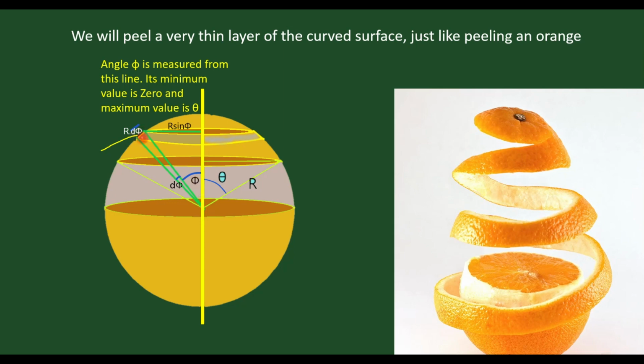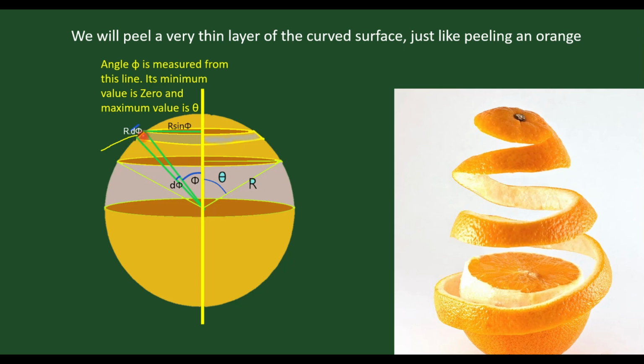So this particular belt, its radius is r sin phi. This is r. This radius subtends an angle of phi. So the radius is r sin phi, and d phi is an increment in the value of phi that corresponds to the width of the belt.